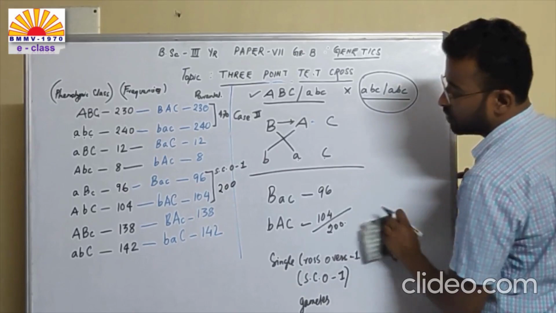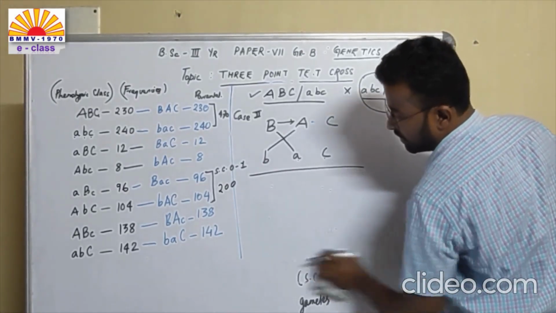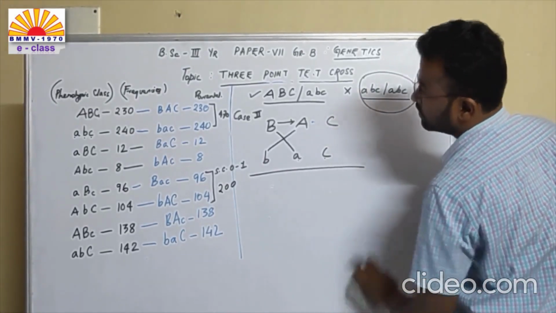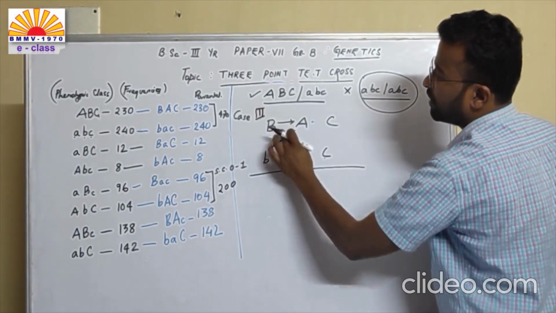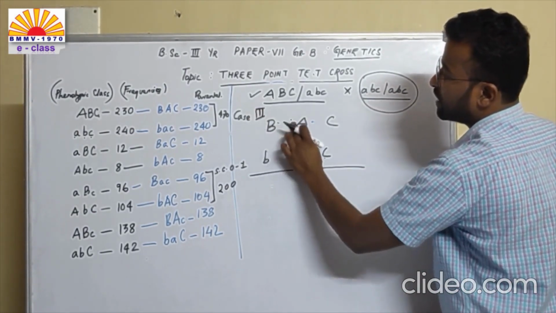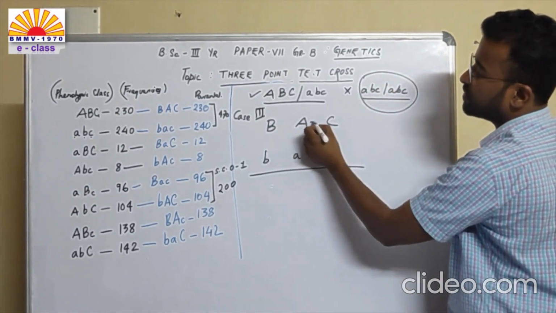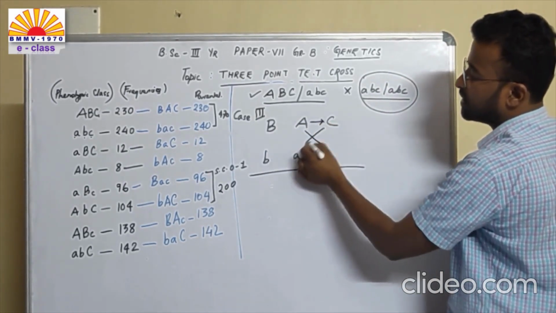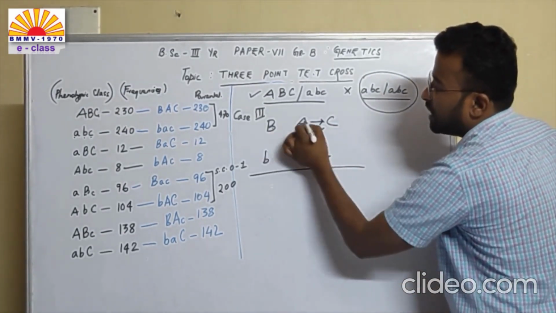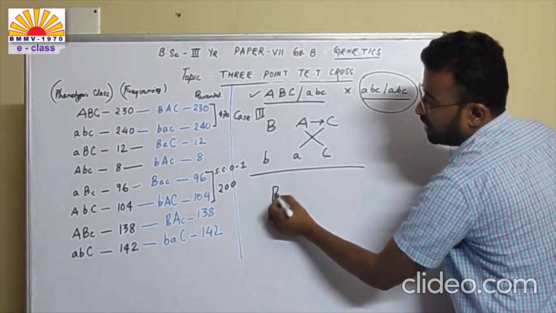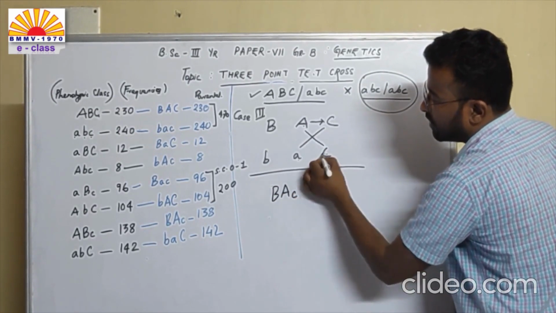Let us now go to case number 3. Case number 3, what has happened? The crossing over takes place between A and C. Now here, B, A and small c, mind you.